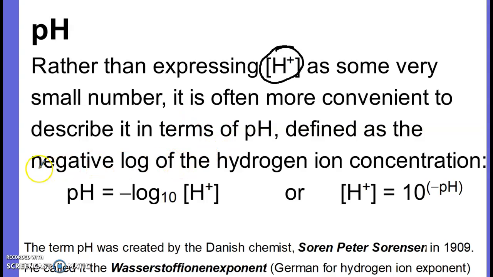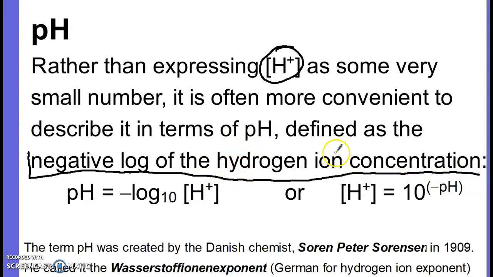It is the negative log of the concentration of the hydrogen ion, if you're looking at how acidic something is, okay? So if you know the concentration of the hydrogen, the H plus, take the minus log of that, and that gives you the pH.